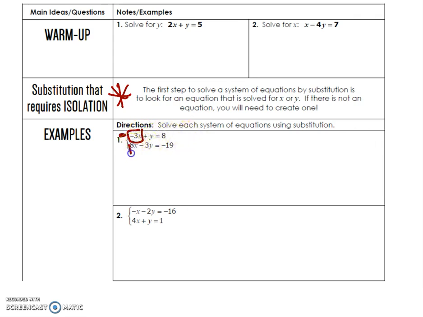So we add 3x. I'm going to erase this in a second. So when we add 3x, we get y equals 3x plus 8. Okay, so this equation and this equation are the exact same thing. We have just moved things over. Okay, so now that is our first step when one is not isolated.